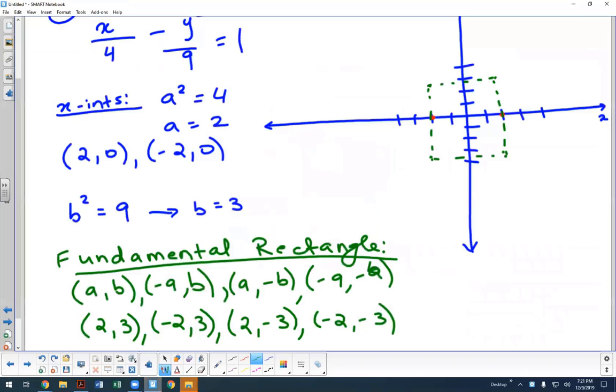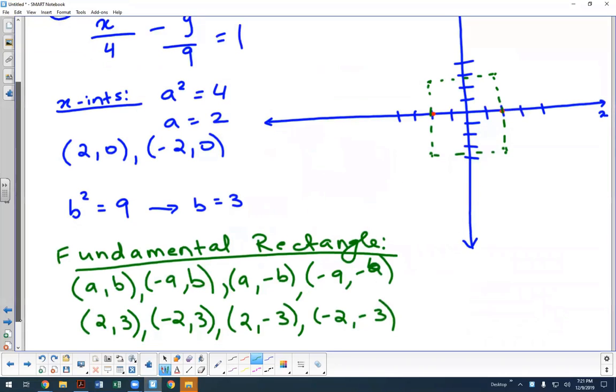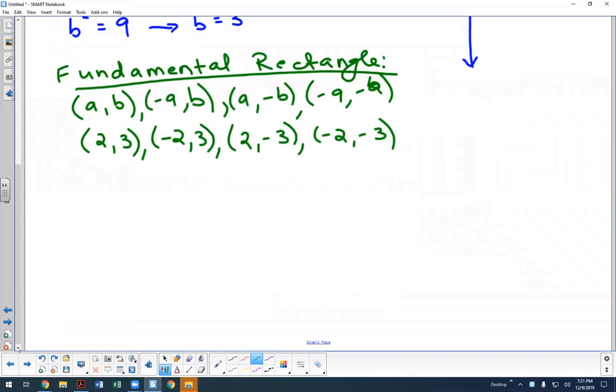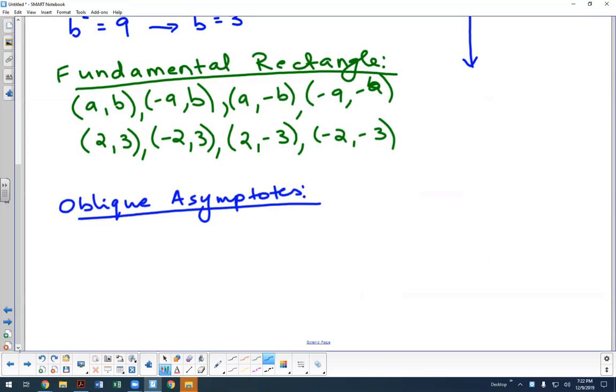So for our example, our oblique asymptotes are b over a x and negative b over a x.